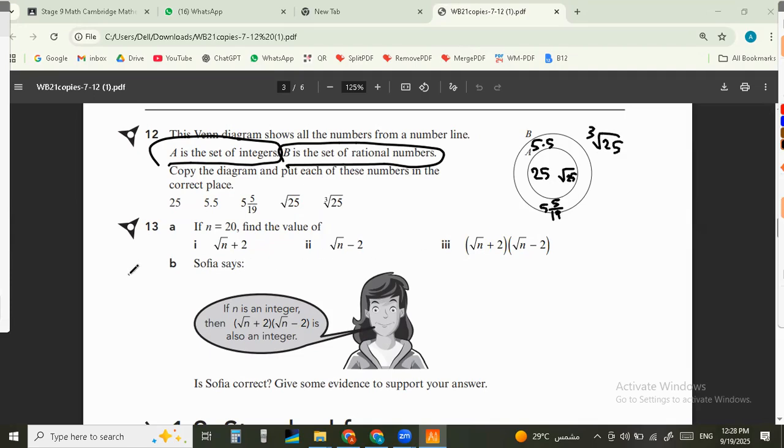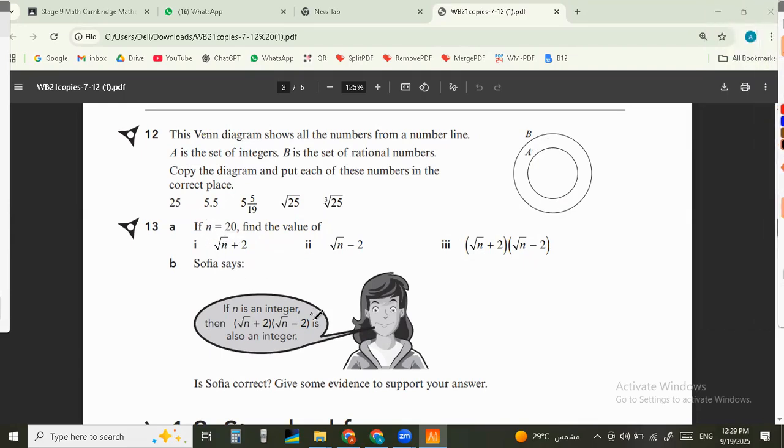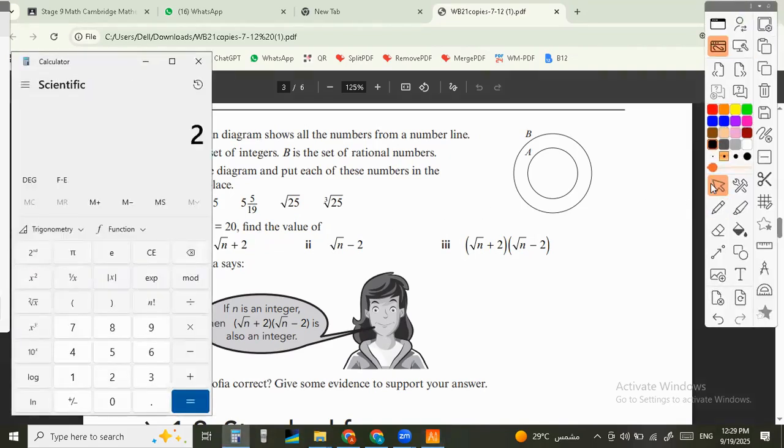Cubic root of 25. Question 13. If n is 20, find the value of this. All you need to do is just use the calculator. You're going to find the square root of 20. Let's open the calculator here. Square root of 20 is 4.472 and a lot of other numbers.